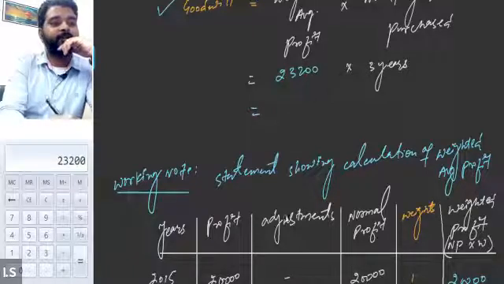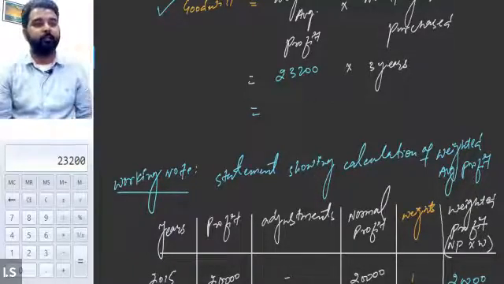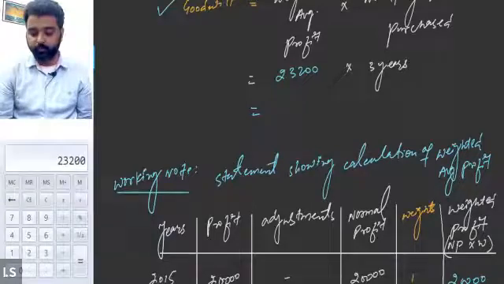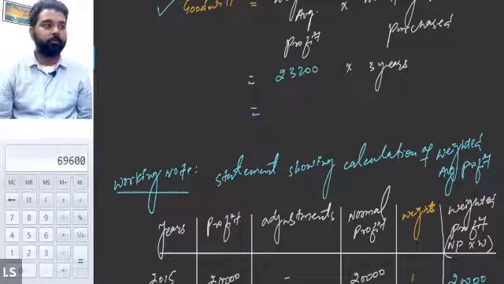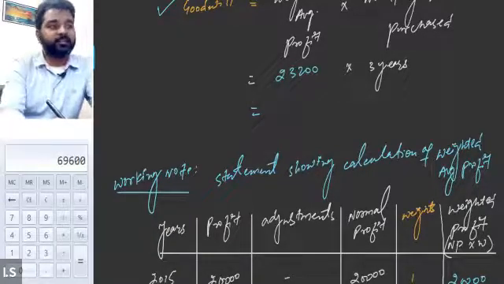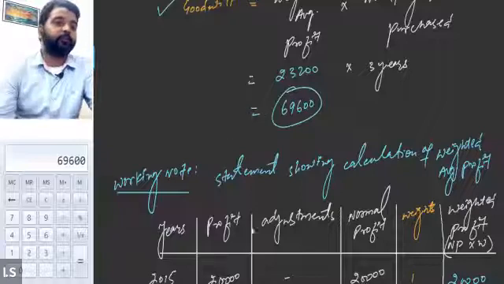Then we will multiply it by 3 and we'll get the value of the goodwill, 23,200 into 3. The total value of goodwill will be 69,600. This is the value of the goodwill.